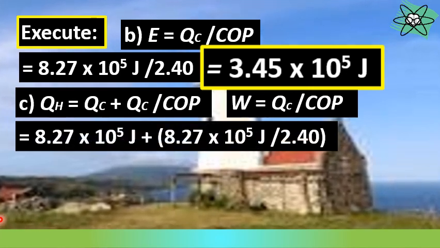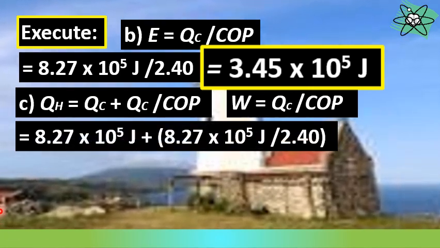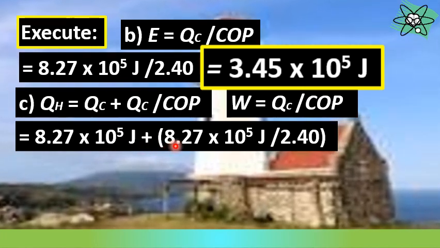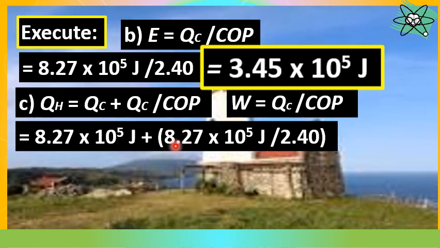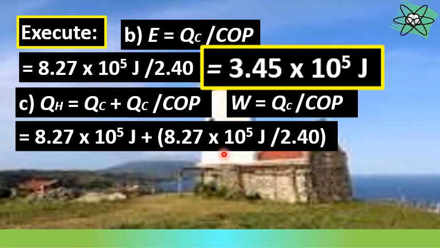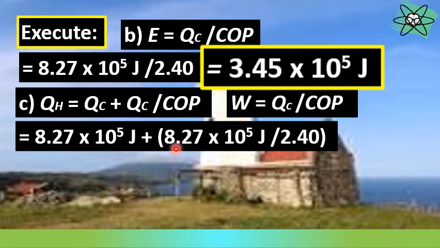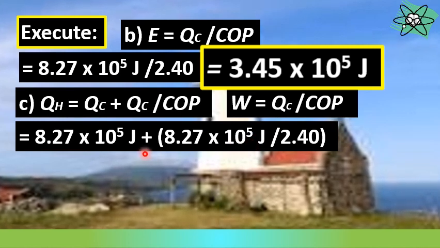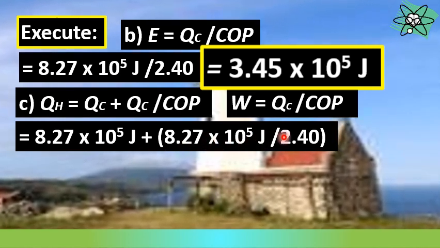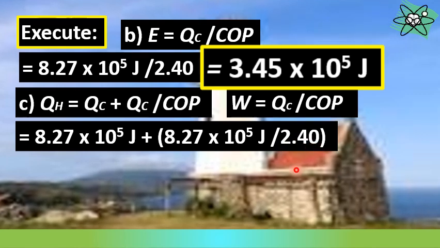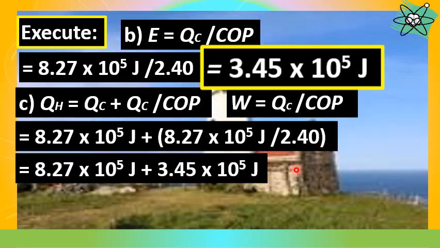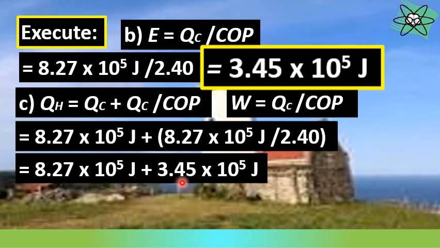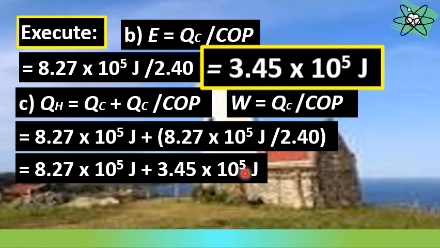That would mean capital Q sub H equals 8.27 times 10 to the fifth joules plus the ratio Q sub C over the coefficient of performance, or 8.27 times 10 to the fifth joules divided by 2.40. Simplifying, that would be 8.27 times 10 to the fifth joules plus 3.45 times 10 to the fifth joules.